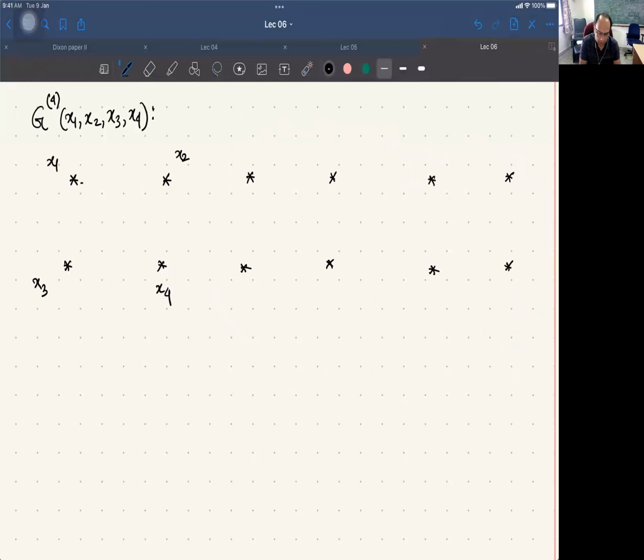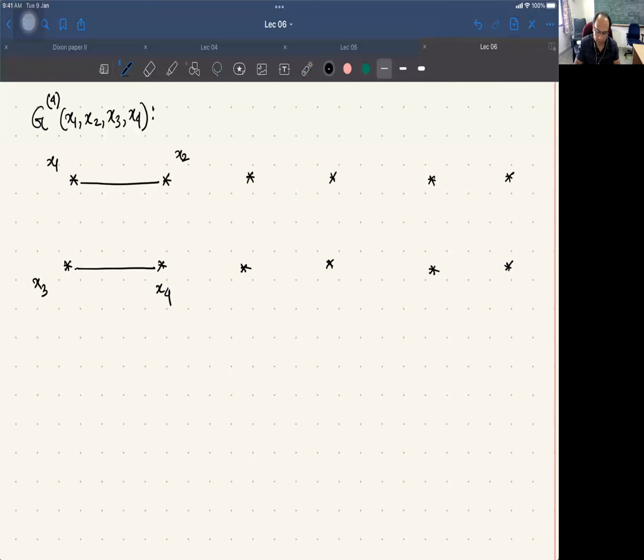You can connect x1 and x2 and x3 and x4. Once you connect x1 and x2, you cannot connect x1 and x3, because that kind of a diagram does not exist, and therefore we cannot draw this.